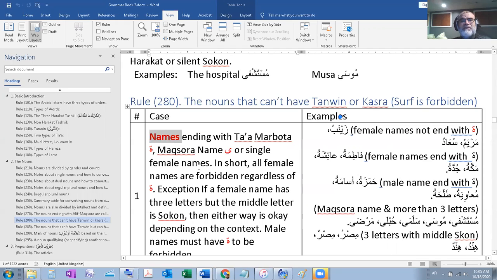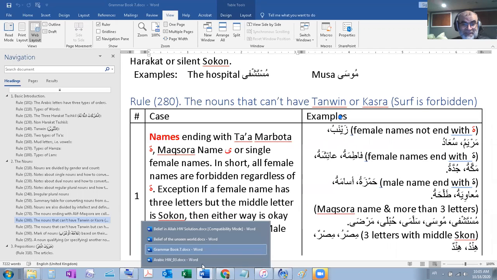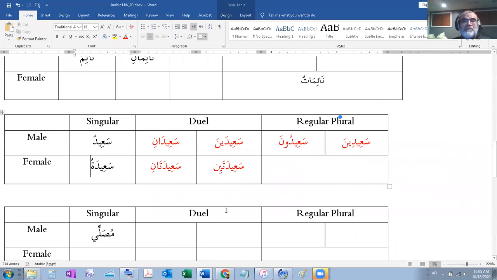They cannot have tanween, they cannot have kasra. Okay? But it is just a female noun, which means that it's not a name. So this one doesn't apply, which means that it is okay for me to put 2 dhammas, tanween dhamma.